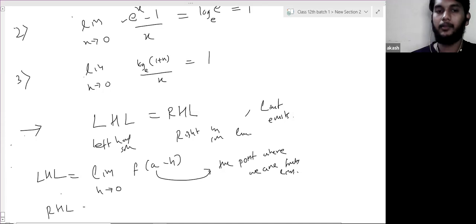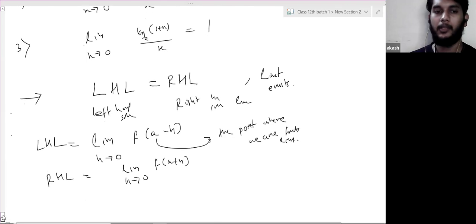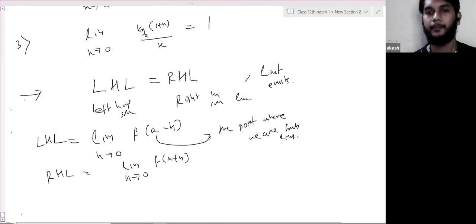And RHL is limit h tending to 0, f of a plus h. H is a very small positive number. Please note this down too. We'll see how to apply this in a question.